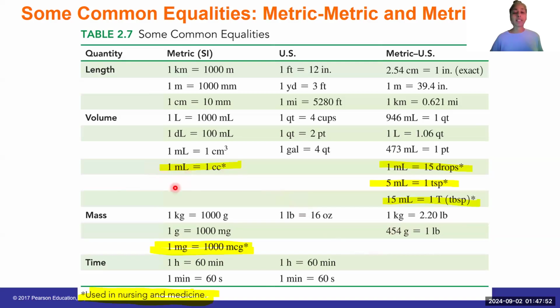The highlighted values are the ones that are most often used in medicine. 1 milliliter is equal to 1 cc. 1 milliliter is 15 drops. 5 milliliters is equal to 1 teaspoon. 15 milliliters is equal to 1 tablespoon. And 1 milligram is equal to 1,000 micrograms. This is slightly different than what we use for micrograms in chemistry. We use the symbol mu instead of writing mc.